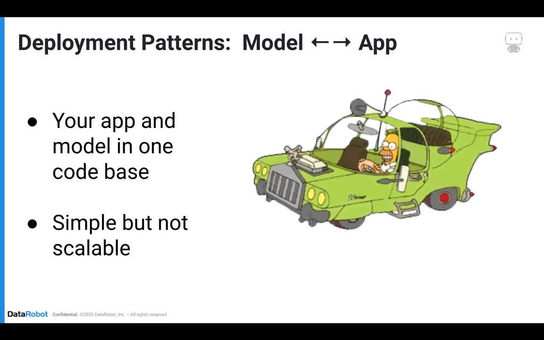So while you might want to update your model on a weekly or monthly basis, now you have to update that entire app on a weekly or monthly basis. Or if it's the other way around, that your model is pretty stable, but people keep changing the app, well, every time you make a change, you have to redeploy that. So tying all those together means now you have a huge code base to support, and everything has to be synced up every time you go to update it.